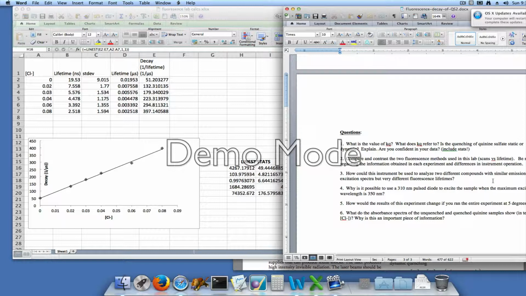I'm not sure if we actually ended up doing an absorbance spectra of the quenched quinine samples, but I think what would have happened if we did was that the quenched quinine sulfate samples would have a different absorbance than the unquenched samples, and so we could tell that it was quenched versus being unquenched because there would be a shift in absorbance, but we would be unable to tell the exact relationship between quenching and fluorescence and understand that at the nanosecond timescale.